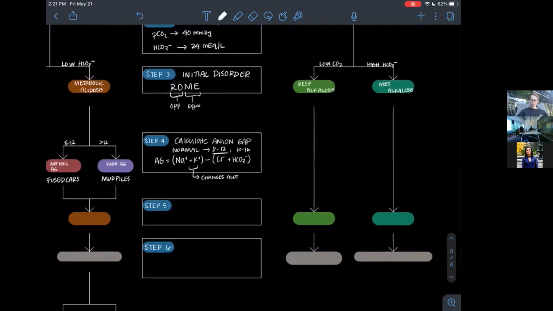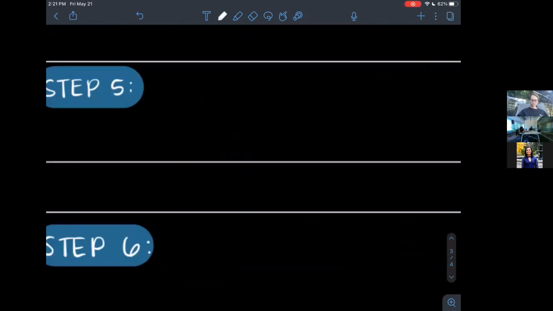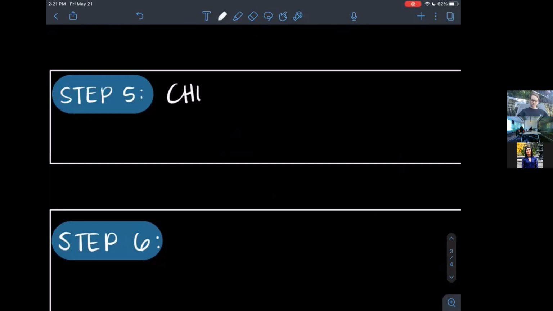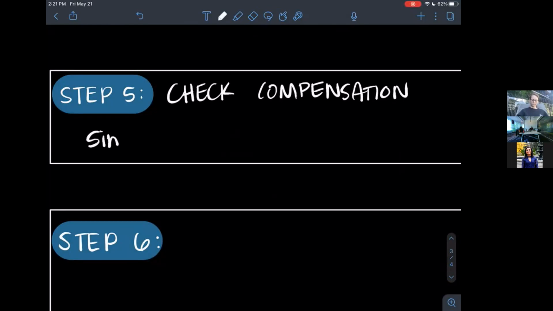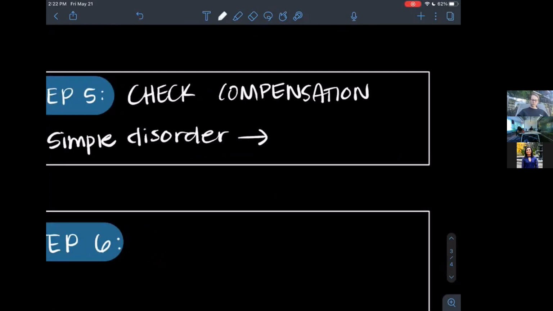So step 5, what we're going to do is check for compensation. In general, for your simple disorders, so if there's just one thing going on, your compensation is going to go in the same direction as what went wrong.